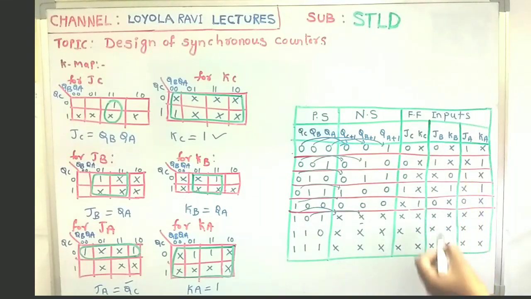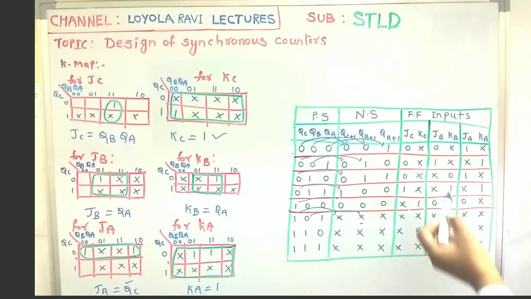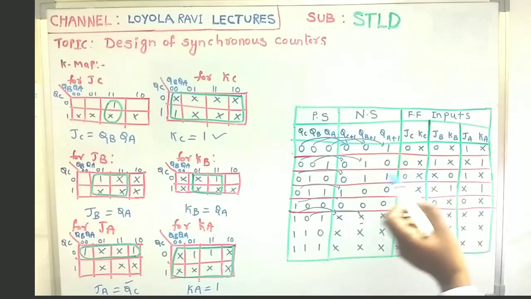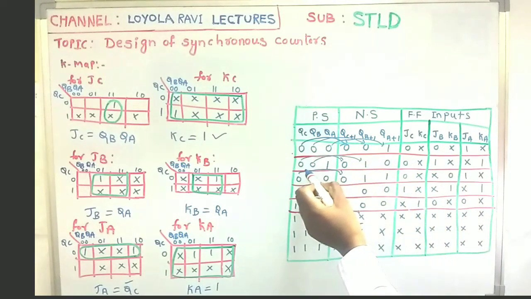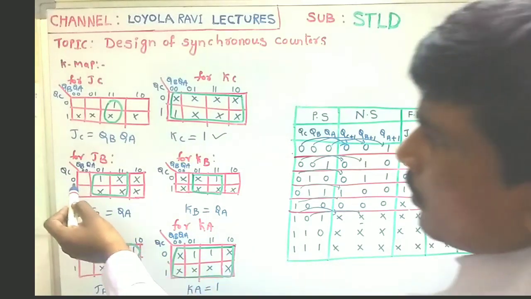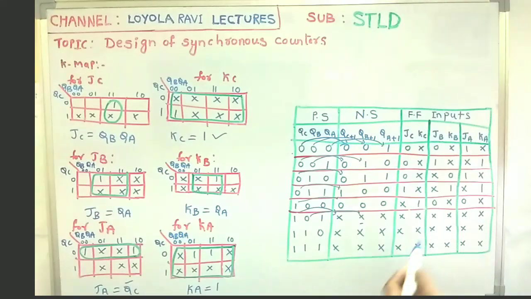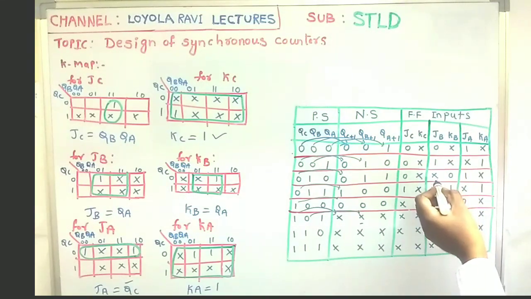Then JB. For JB we have zeros, ones and don't cares. What are the ones and what are the don't cares, for that only we have to use the K-map. Here is 1 for JB, with combination 0, 0, 1. Any other ones?